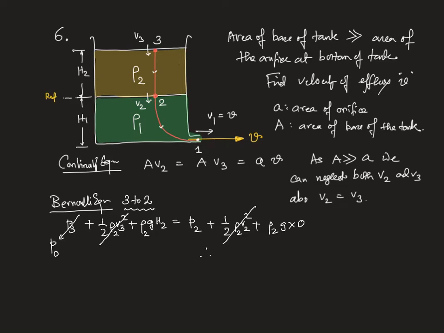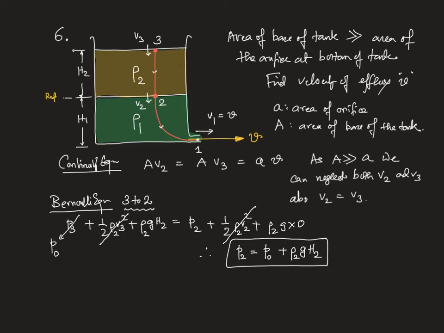Therefore we can write P2 is equal to P naught plus rho 2 g H2. So there we have calculated P2.